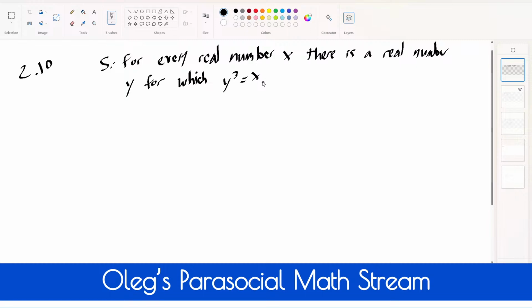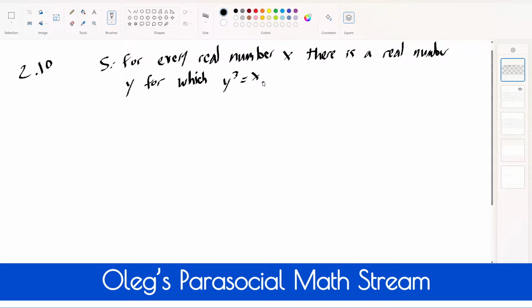The statement says, for every real number x, there is a real number y for which y to the third power is equal to x. So, yeah, that is true.